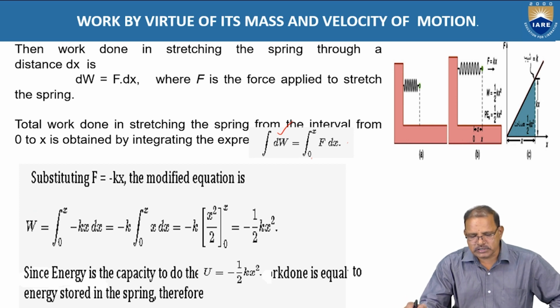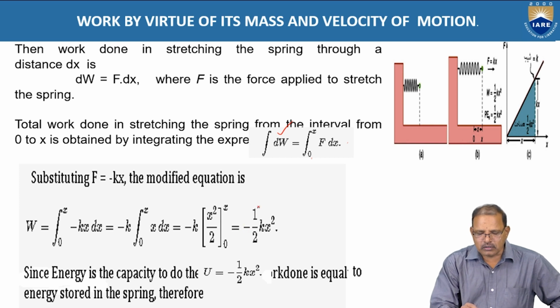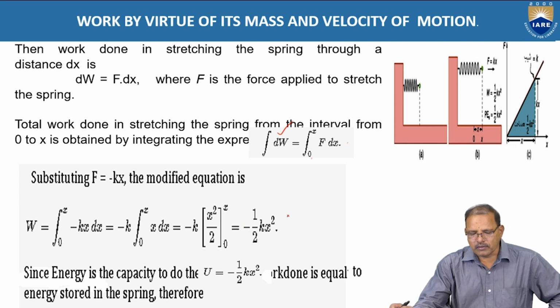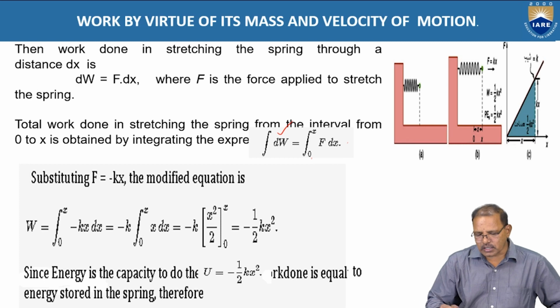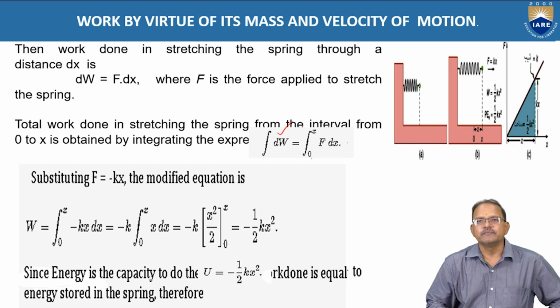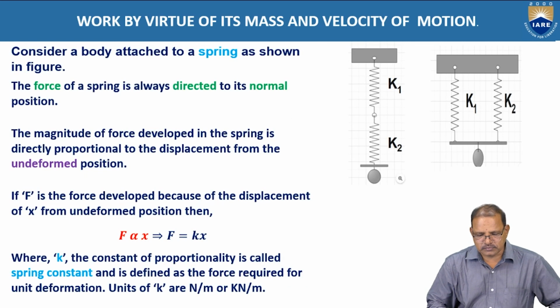Work done for compressing the spring is given by 1 by 2 into kx square with a negative sign, because the spring force acting on the body is in the opposite direction of its displacement, where x represents the displacement of the spring. That is, the work done on the spring is given by minus 1 by 2 kx square now. Since the energy is stored within the object as potential energy, it is used to do work later, because energy is treated as a capacity to do work.